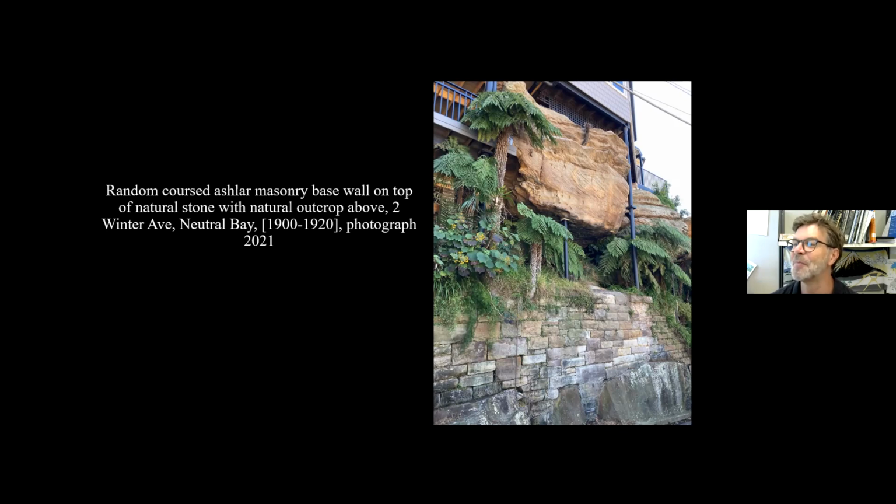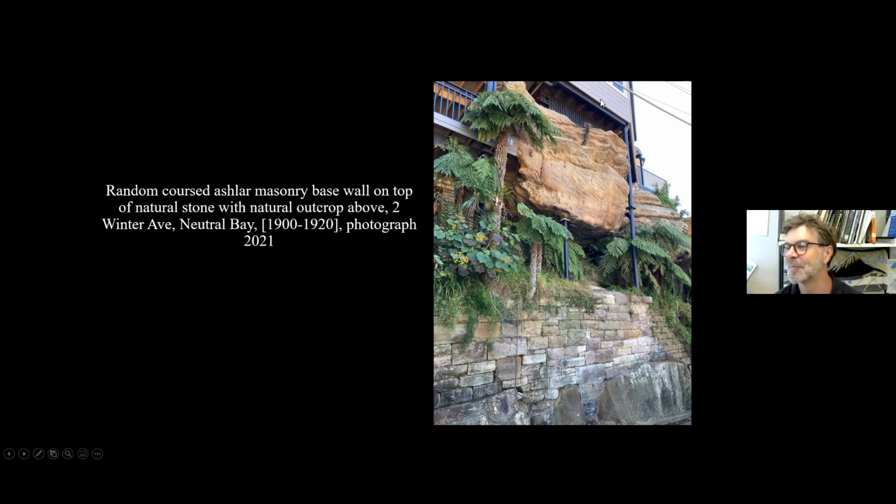And this is one of my favourites, which is in Winter Avenue, not far from the library, but just over on the border of Neutral Bay there, which really does illustrate the point that North Sydney is built on sandstone, because you've got a sandstone bedrock there, and you've got the sandstone ashlar blocks built on the bedrock, and then you've got a huge outcrop of natural rock again, which presumably pre-existed everyone, and then you've got the house built on top of that.